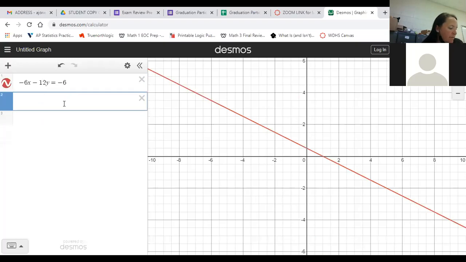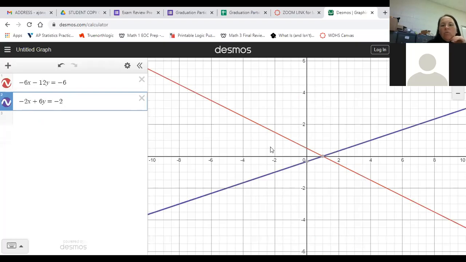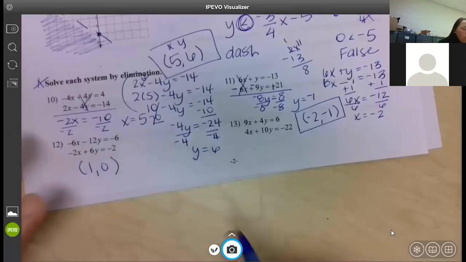I literally am just typing it in. -2x plus 6y equals -2. Where they cross at 1, 0 is their answer. That's all you have to do. So if they give it to you on the calculator active part, please plug it into Desmos. Okay. I'm going to stop sharing this. 1, 0. Sorry, y'all. And then we found out that this one was 1, 0.